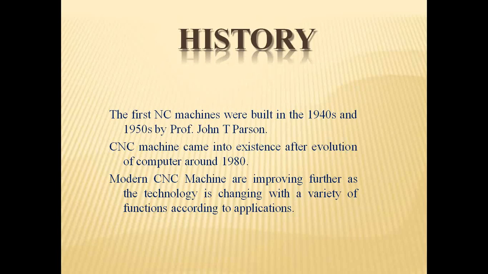The first NC machines were built in the 1940s. Later on, the CNC machine came into existence because of lots of demand for various products. It came in the year 1980.